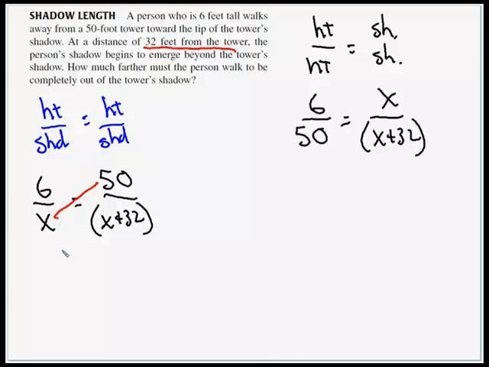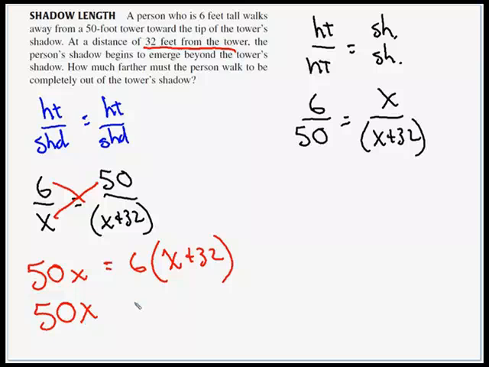Here we cross multiply. 50 times x is 50x, and that's equal to, don't forget we've got to distribute here, 6 times the quantity x plus 32. So we distribute the 6. 6 times x is 6x. 6 times 32 is 192. Plus 192.